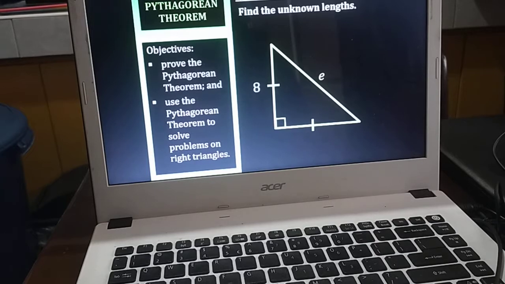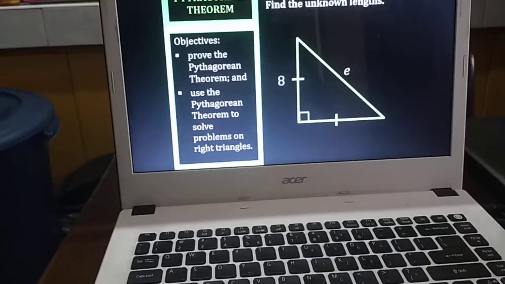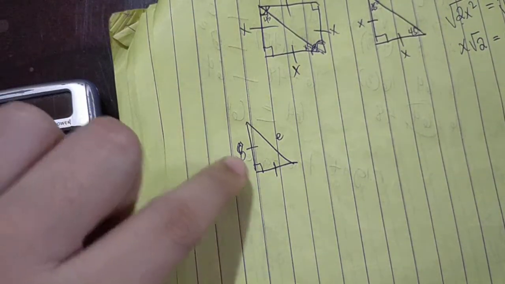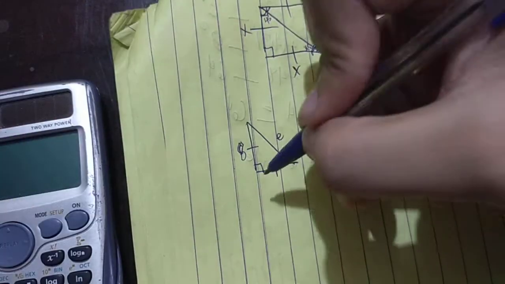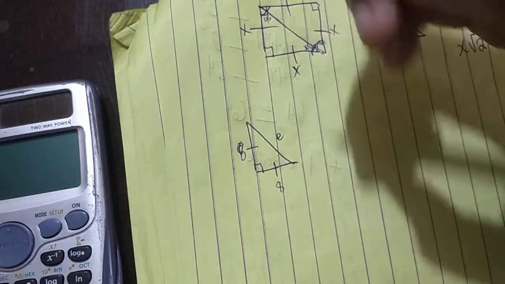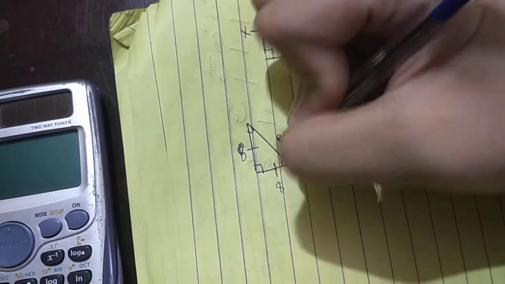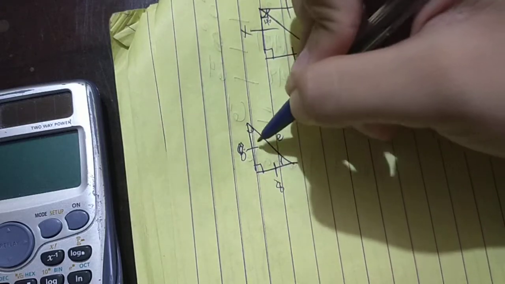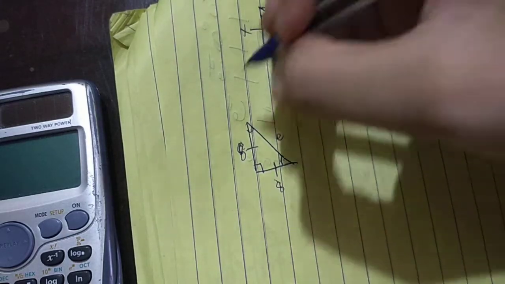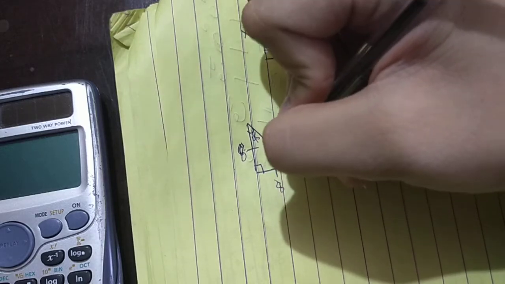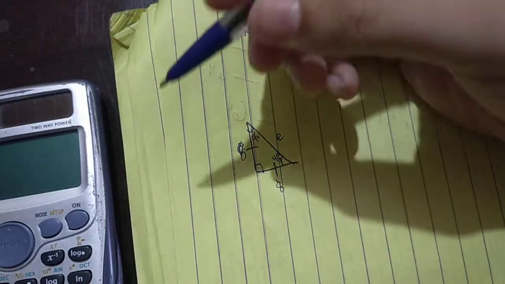Based on our given, these two legs are congruent, so we can now say that this is also 8. If you want to get the angles, knowing that we have equal sides, we will also have equal opposite angles. So 90 divided by 2 is 45.